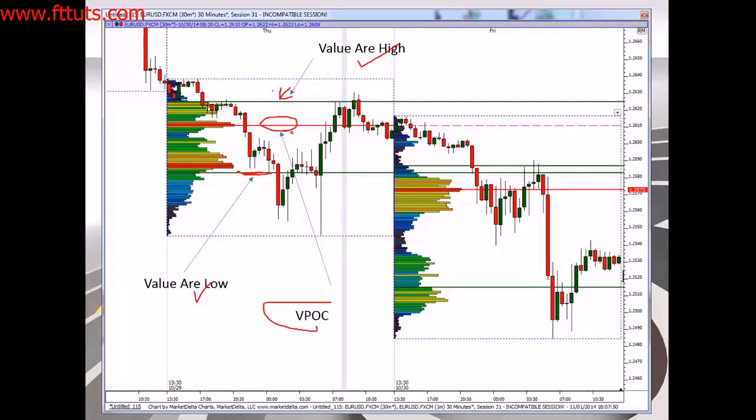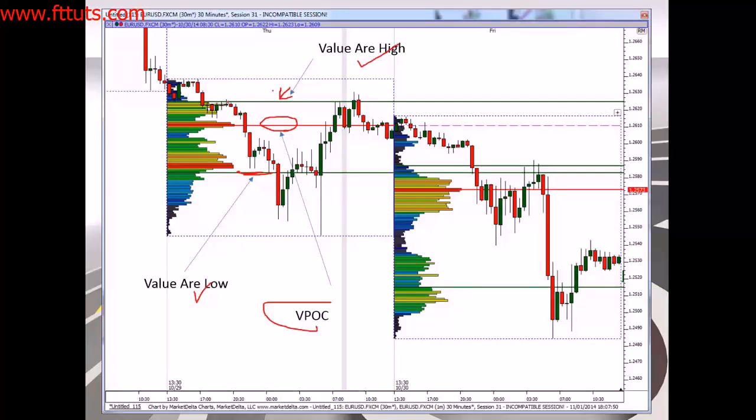The kinds of things that we're going to be looking for, we will enhance using some of the technical indicators that we'll introduce, so we're not going to need two superimposed profiles on top of one another. But notice how nicely this helps us to see what's going on once we put the profile indicator on.